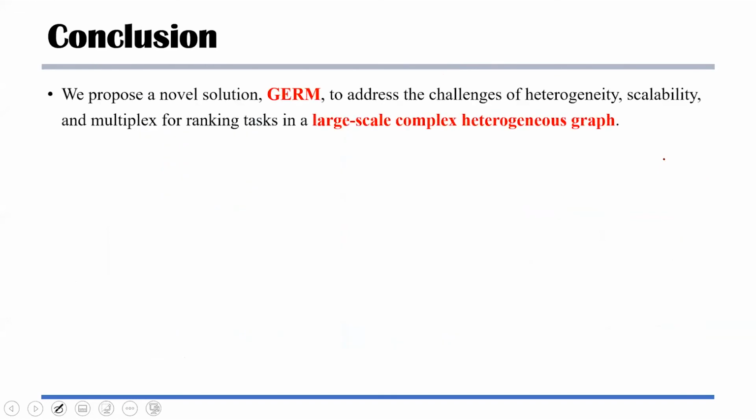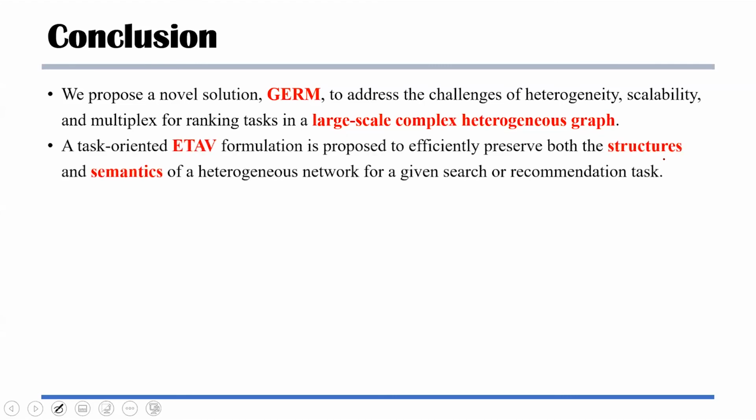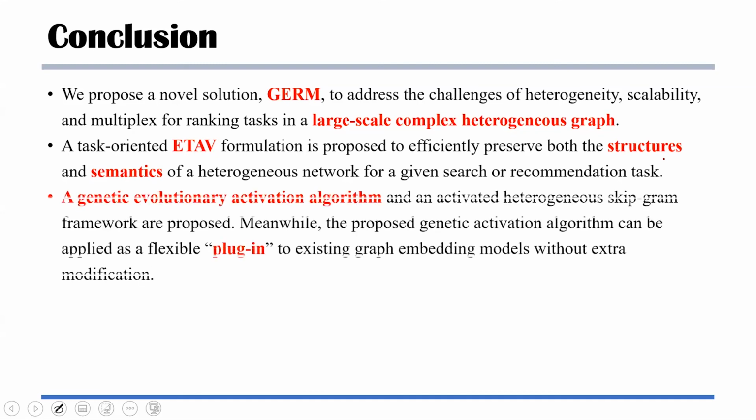All right, so let's make the conclusion. We propose a new solution, Zhuoren, to address the challenging, very large scale heterogeneous graph. More importantly, this is task driven. For different tasks, the proposed algorithm can efficiently preserve both the structures and semantics of the heterogeneous graph given a specific search or recommendation task.